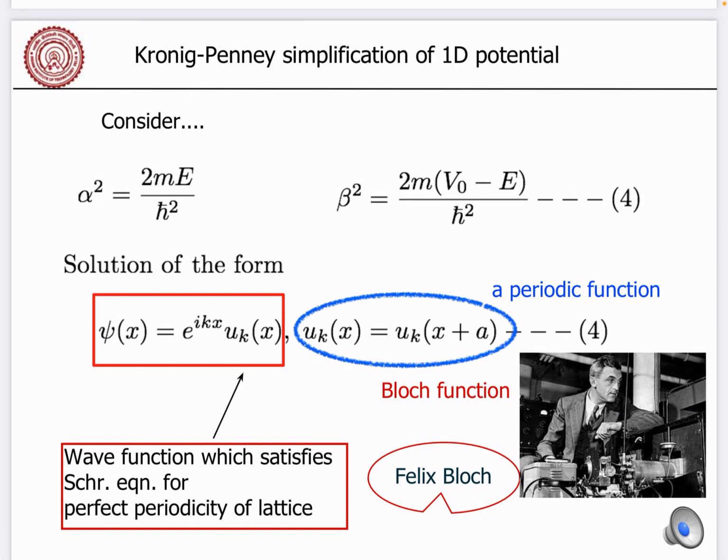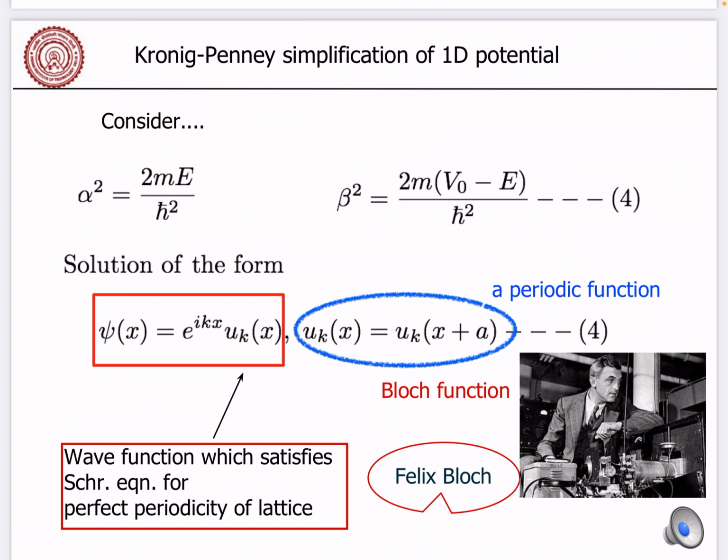That means if an electron within a lattice moves through this periodic potential, its wave function will be given by the Bloch function. That is a major realization of Felix Bloch to find out the behavior of electrons in the presence of a periodic potential.